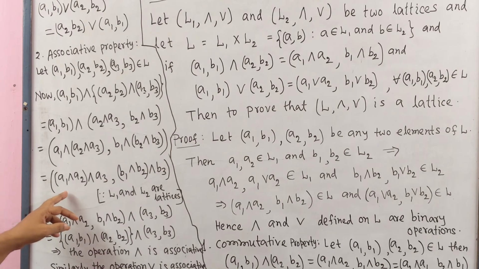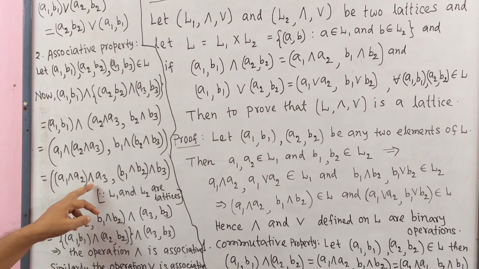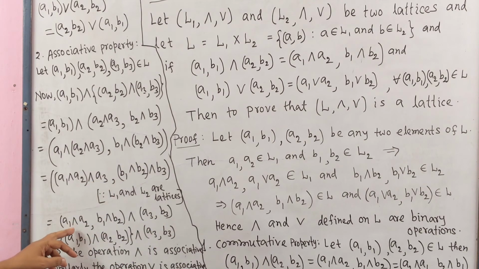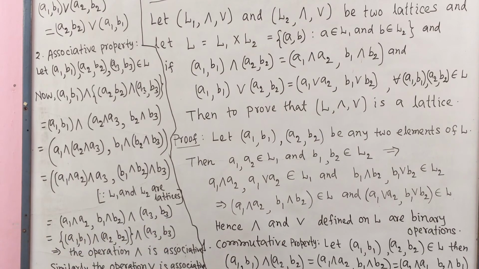We may write this as (A1 meet A2, B1 meet B2) meet (A3, B3), which is [(A1, B1) meet (A2, B2)] meet (A3, B3).